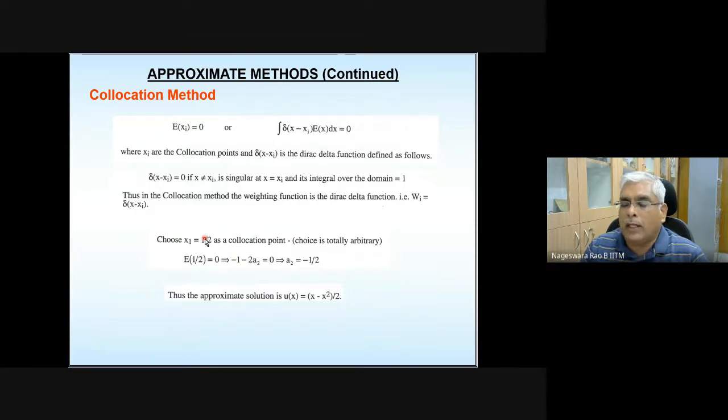Sine pi divided by 2 is 1, so the error function is minus 1 minus 2a2. And a2 turns out to be this one. Now you substitute this a2 into the admissible solution, and you get the approximate solution. Please take a note of it.